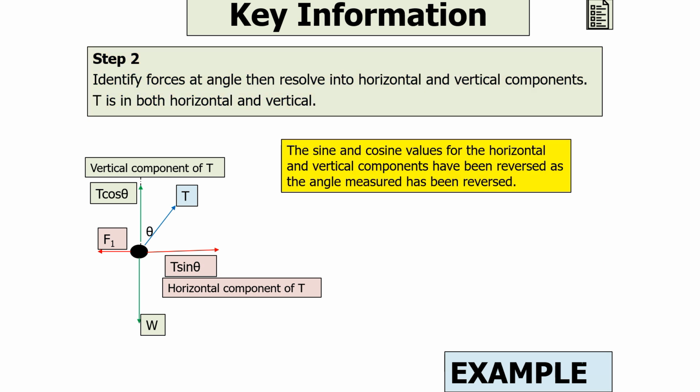Now, the sine and cosine values for the horizontal and vertical components of T have been reversed, as the angle measured has also been reversed from the horizontal because it's coming from the vertical. So therefore we can say the vertical component is T cos theta, and the horizontal component is T sine theta. You can do that by drawing out your triangle and using your trigonometric identities for sine and cosine.